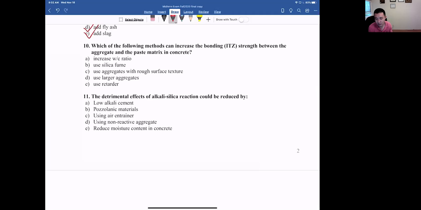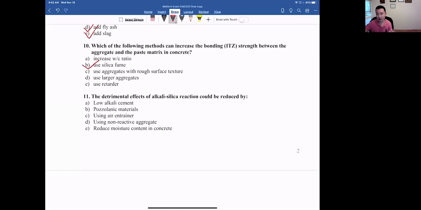Another reason for silica fume to enhance the ITZ is that the particle size of silica fume is very small. That will enhance the packing density of solids in the cement paste. So using silica fume definitely will improve the ITZ. And that's the reason we put silica fume in our high strength concrete.